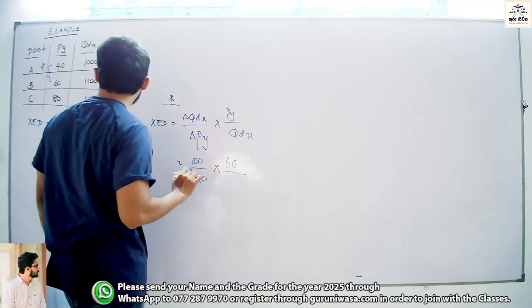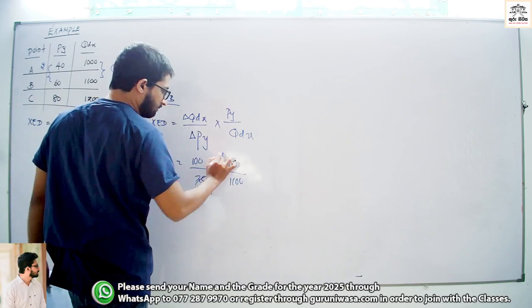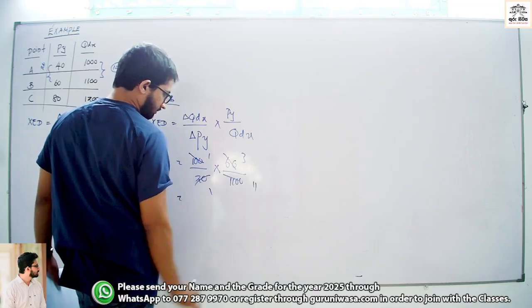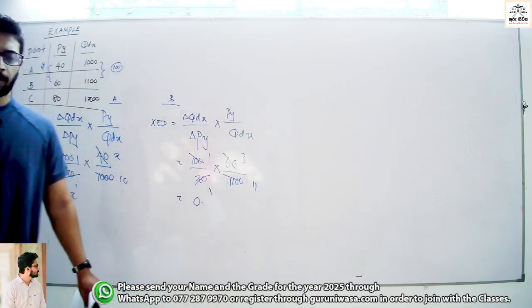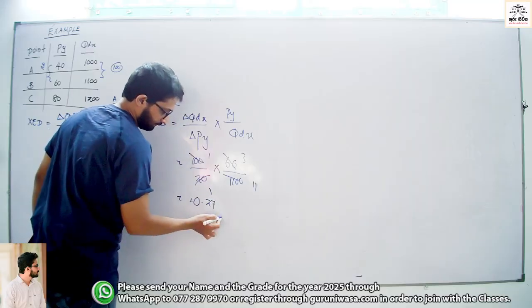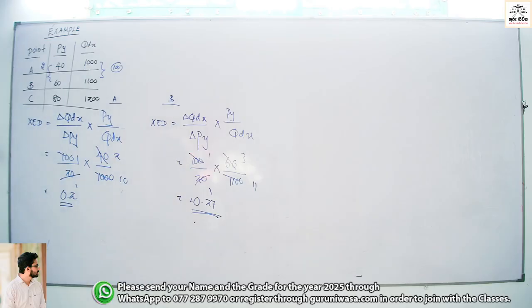Quantity demanded of good X is 1100. So can you tell me the answer? 60 over 1100. How much? 0.27. Positive or negative? Positive. If you want, you can calculate XED at point C as well.